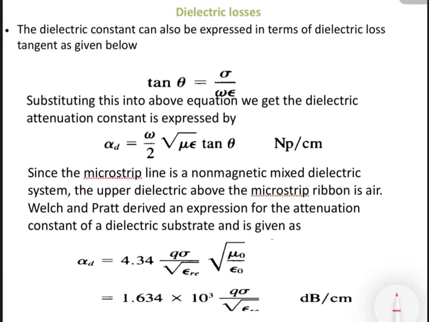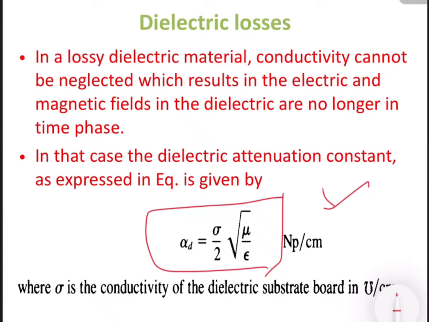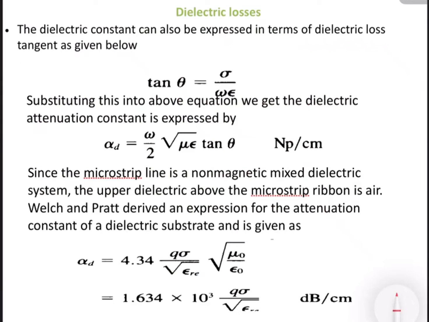So whenever I substitute this into the dielectric attenuation constant, I can express it as alpha d is equal to omega by 2 into root of mu epsilon into tan theta nepers per meter. So you can understand that we are expressing the unit per meter length.